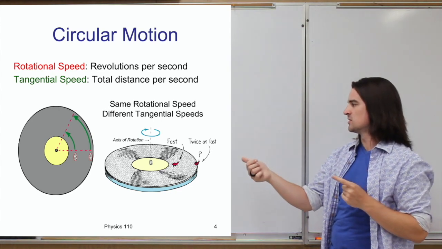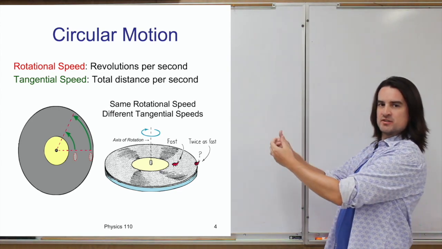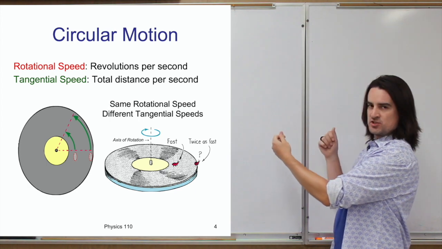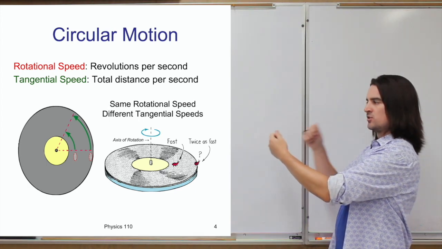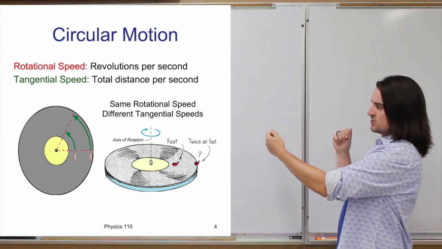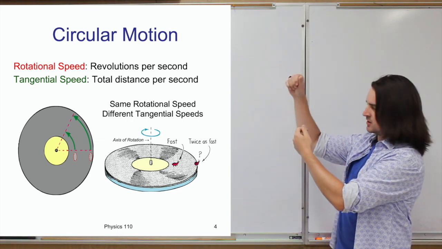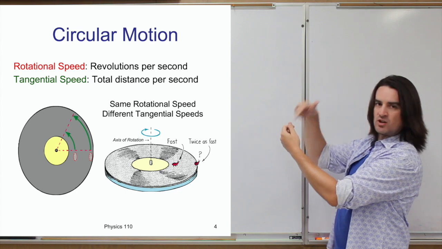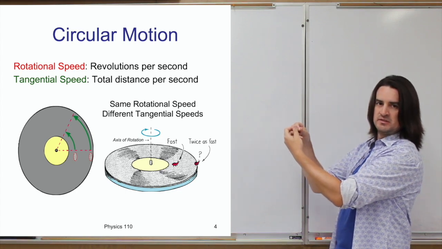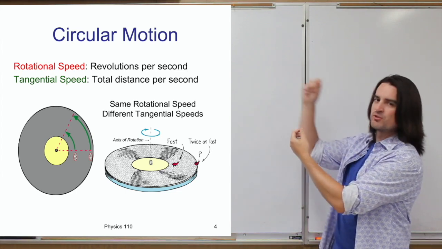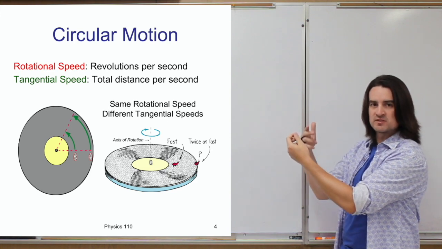However, since the bug on the outside is at a further distance from the axis of rotation, at a larger radius, the circumference, or the distance it has to go around to complete a revolution, is much longer than for the one that's closer in. It's going a further distance in the same amount of time.